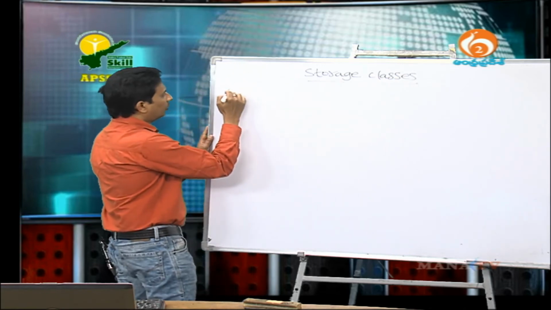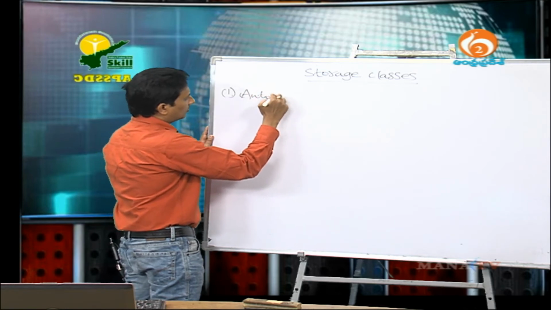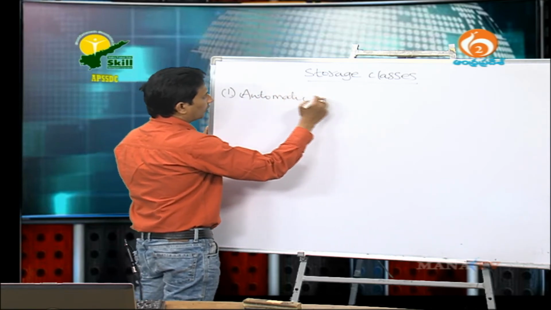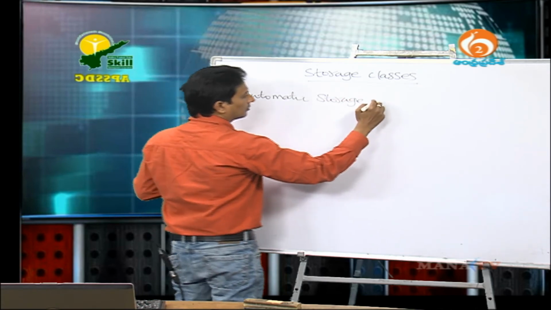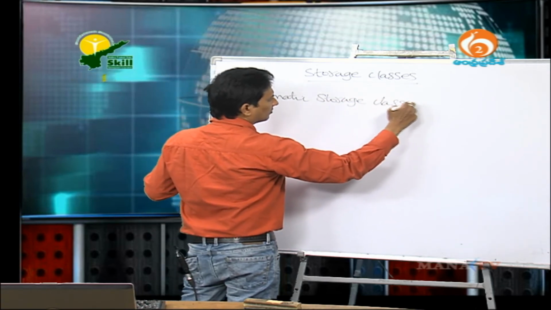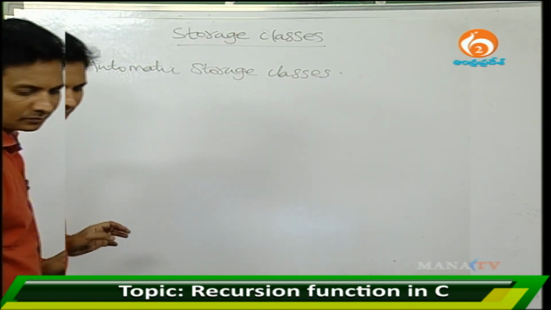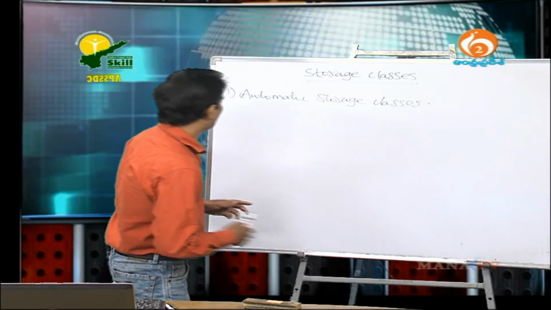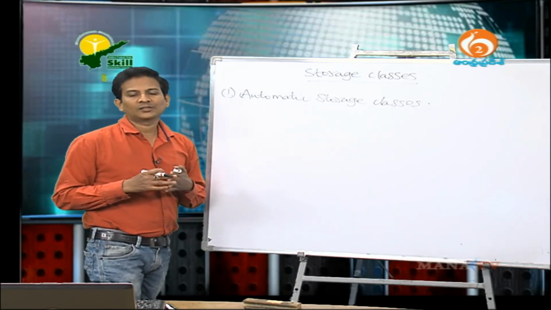First one, automatic storage classes. Automatic storage classes are also called local variables.